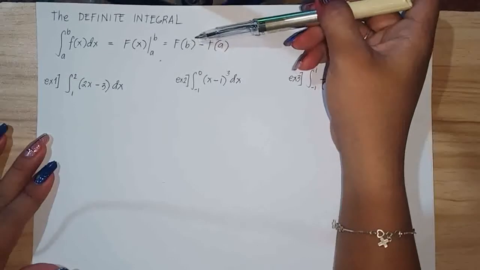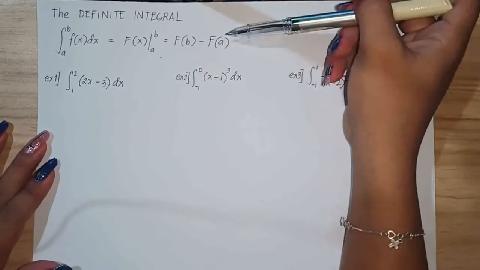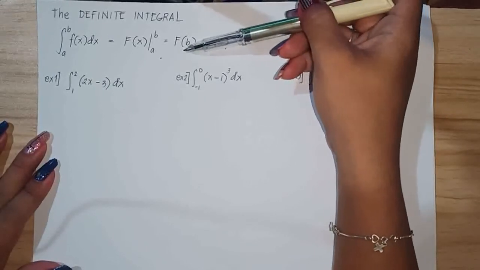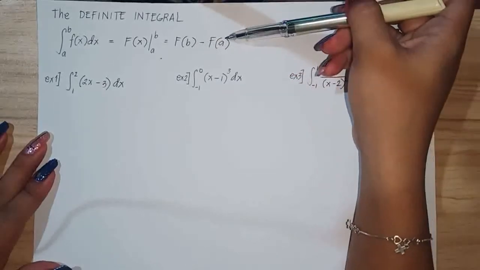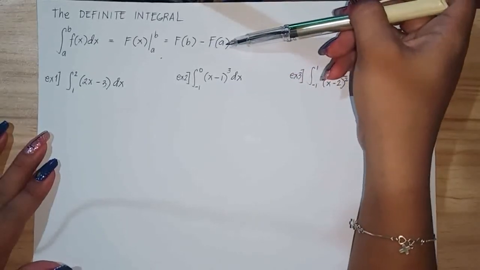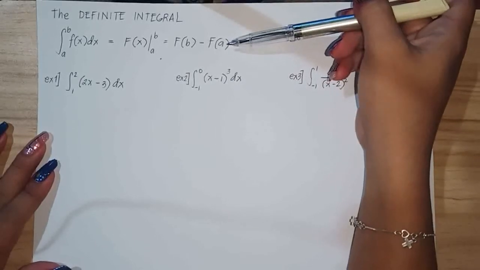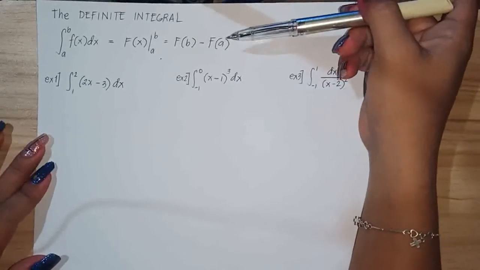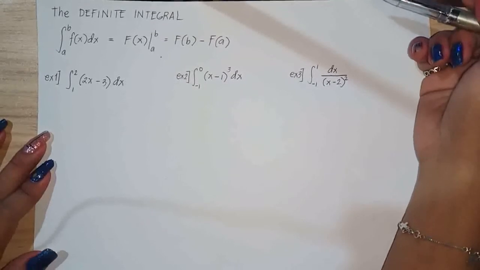So you have to evaluate F of b minus F of a, or simply, F of x evaluated with the upper limit substituted, minus the evaluation of F of a, wherein that is your lower limit. So for easier understanding, we will try to solve different equations with limits.